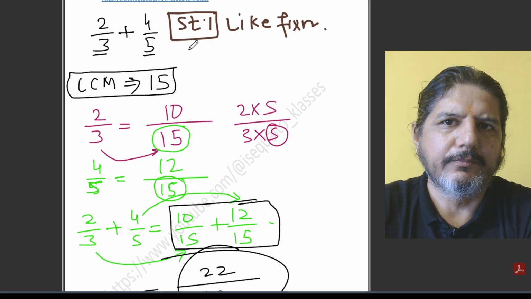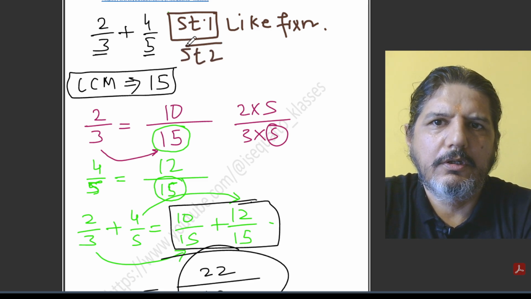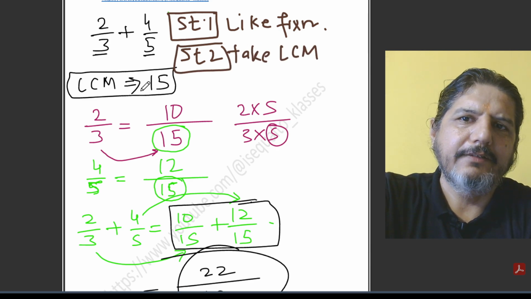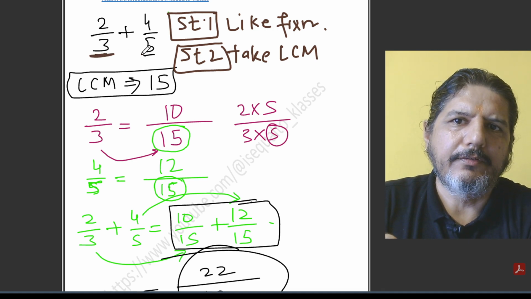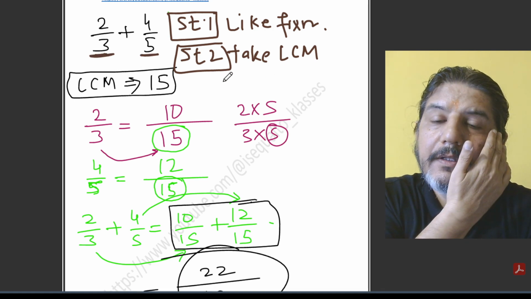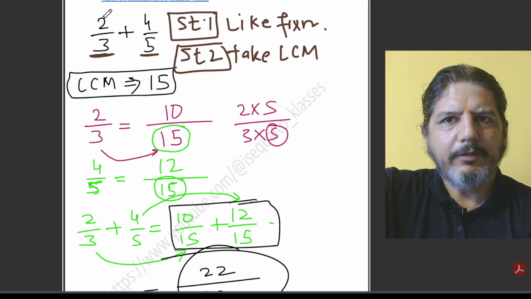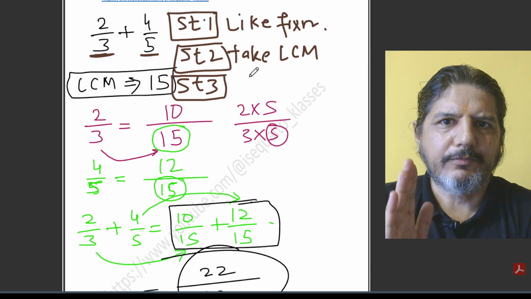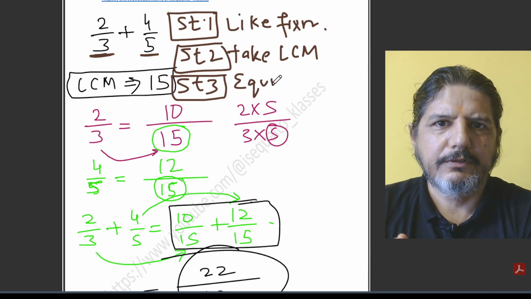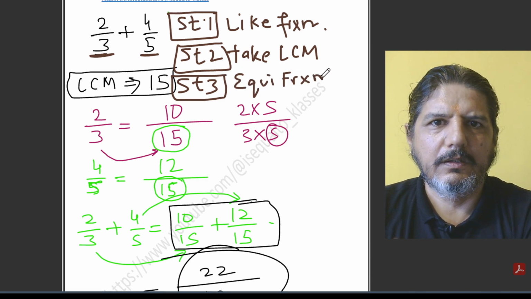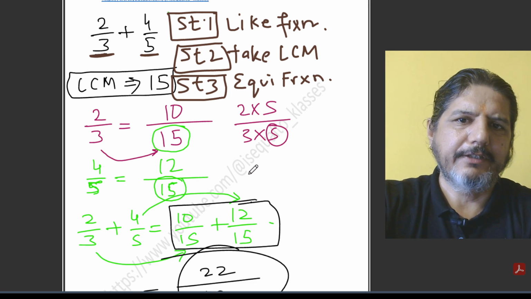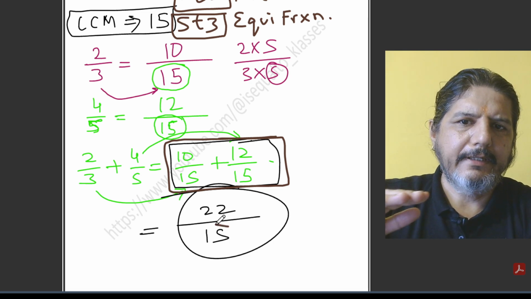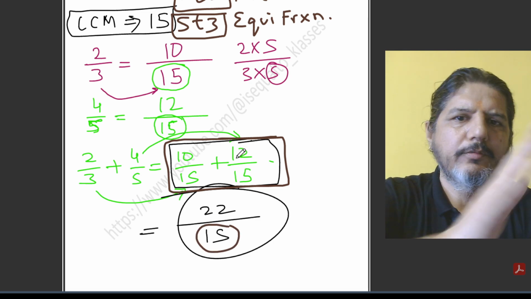I need to take the LCM. LCM of what? LCM of the denominators, 3 and 5. Once I have taken the LCM, I want the equivalent fractions of both these fractions. Step 3 is equivalent fractions. Once I have formed the equivalent fractions, I'll get two like fractions and I can write the denominator and just add the numerators.